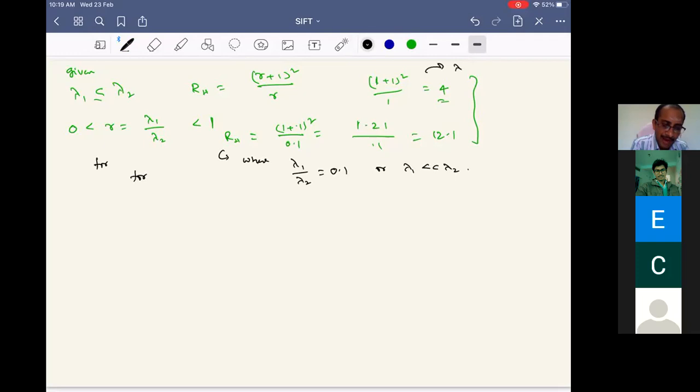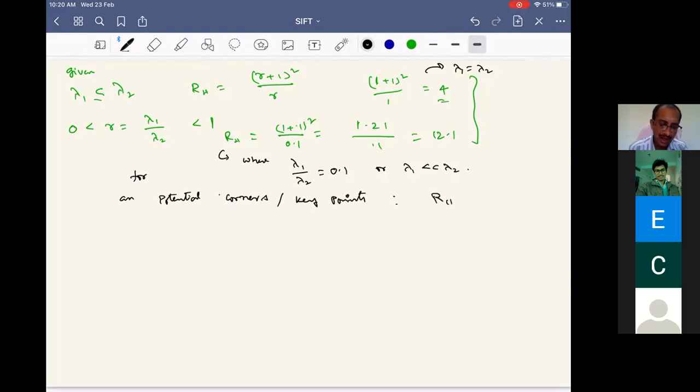Here this is the case where lambda 1 is equal to lambda 2. Given this, for an edge pixel, I would like to use RH and put a threshold on that. What do you suggest? Or for corner pixels, we can say corners are key points.